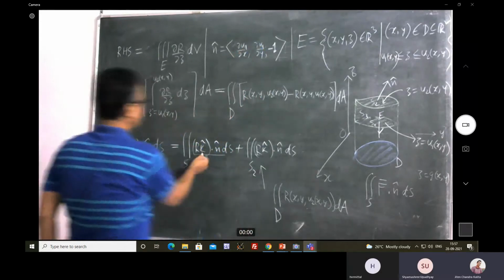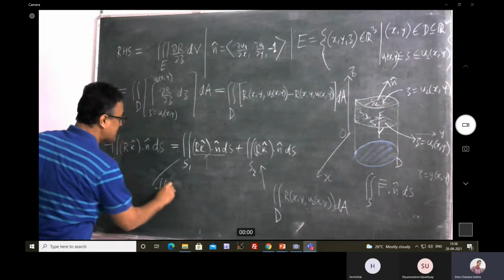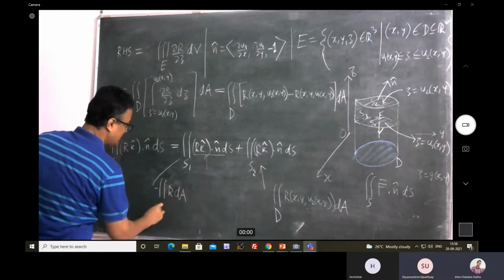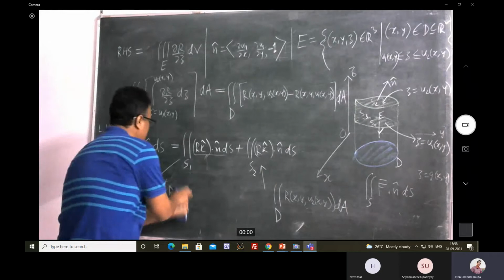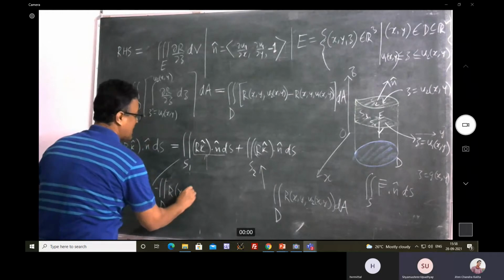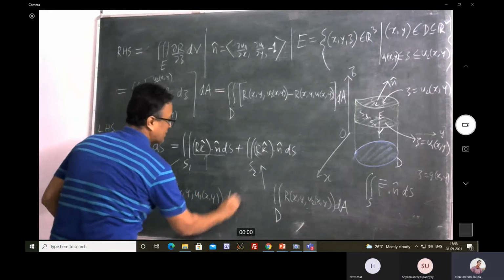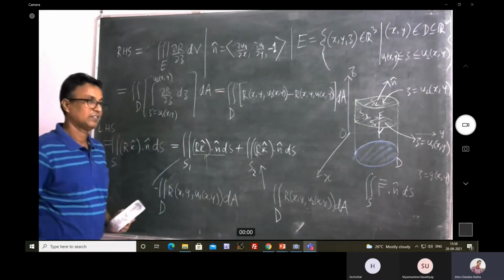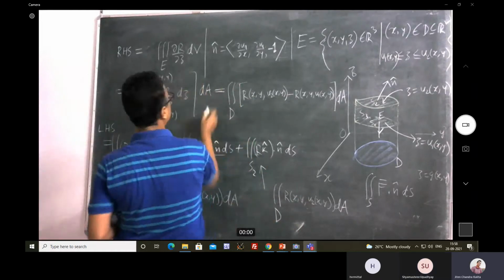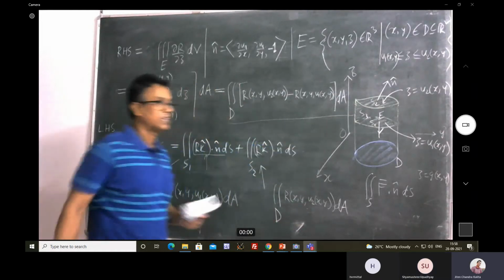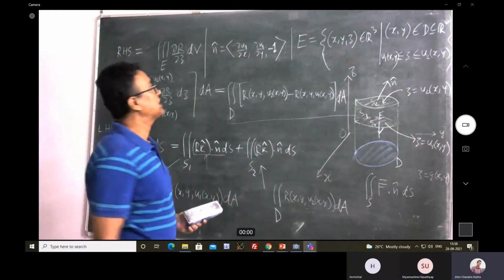That is why this is simply going to ultimately give you minus r, and this r here is a function of x, y, z, and z is u1 of x, y. Is it clear? Yeah, now it is clear. So now you know that this is nothing but simply whatever we have got from the right hand side. Is it okay? Right? So similarly, the other two parts.